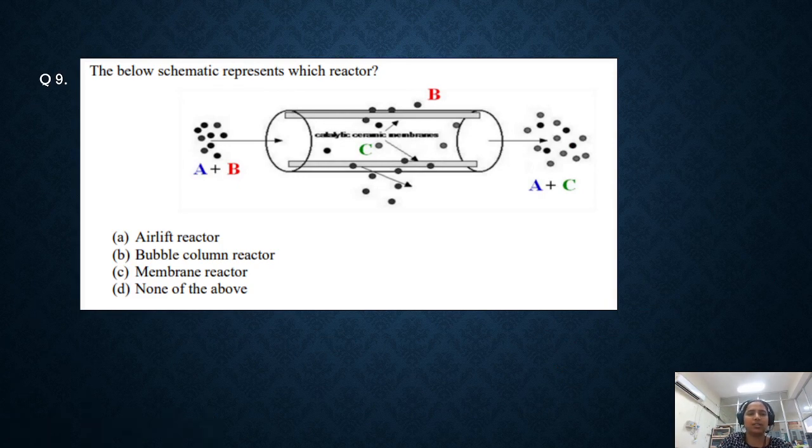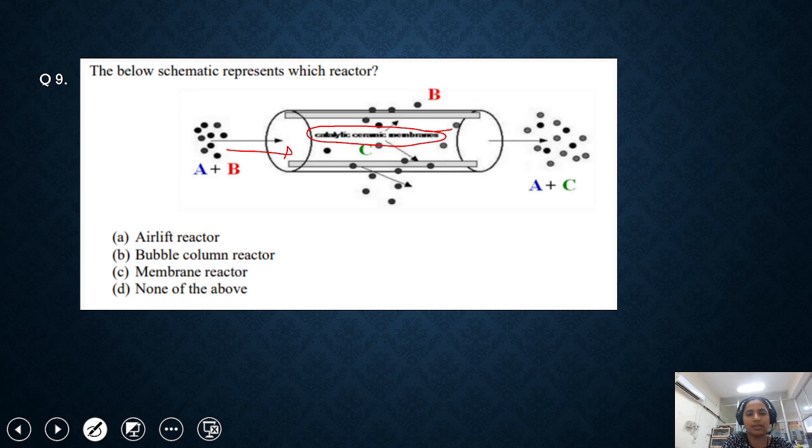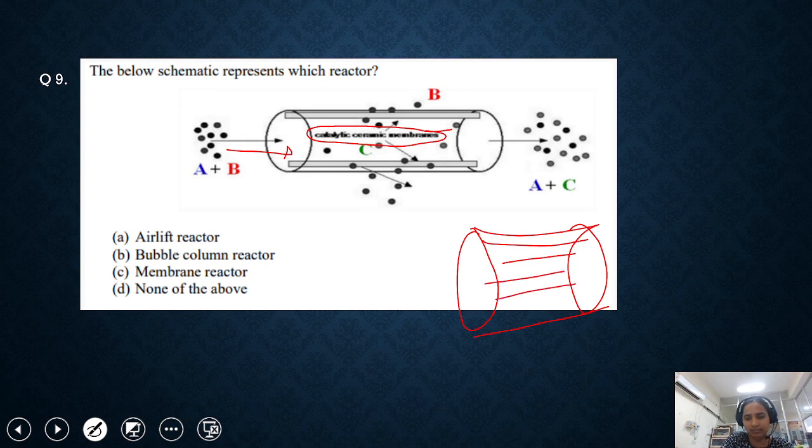So this is the next question. The below schematic represents which reactor? What is happening in this is that A and B are flowing through this reactor, and it is written here, catalytic ceramic membrane. So suppose this is a reactor and the membranes are like this.